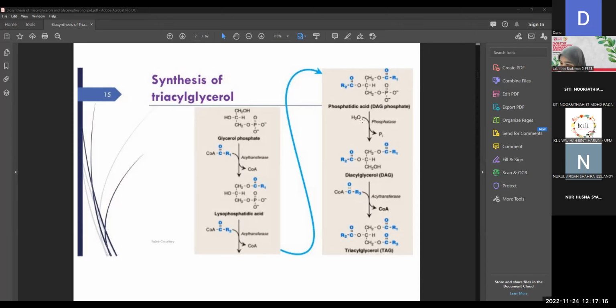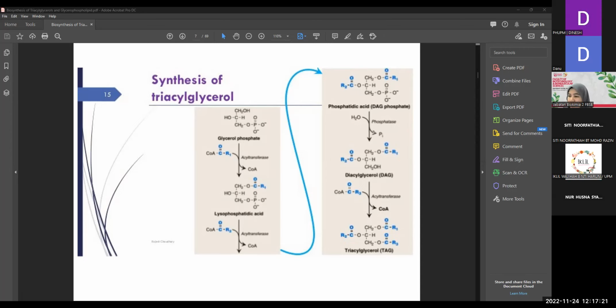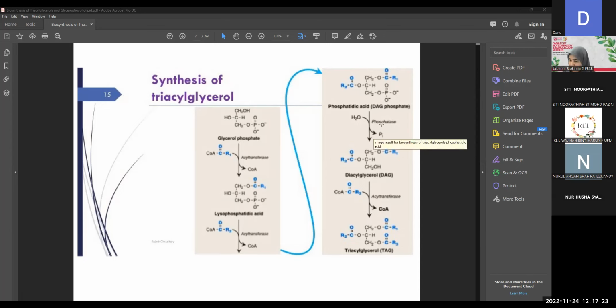This phosphatidic acid undergoes hydrolysis, catalyzed by a phosphatase enzyme, to produce diacylglycerol. This step removes the phosphate group from phosphatidic acid. Now we are left with diacylglycerol. To synthesize triacylglycerol, you need another acylation step catalyzed by acyl transferase.